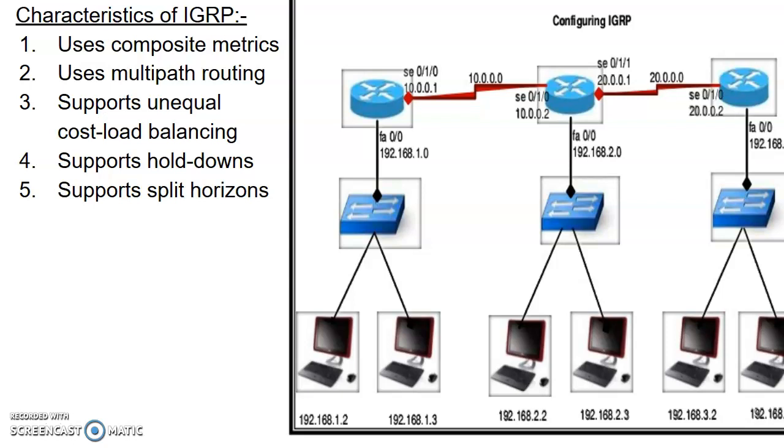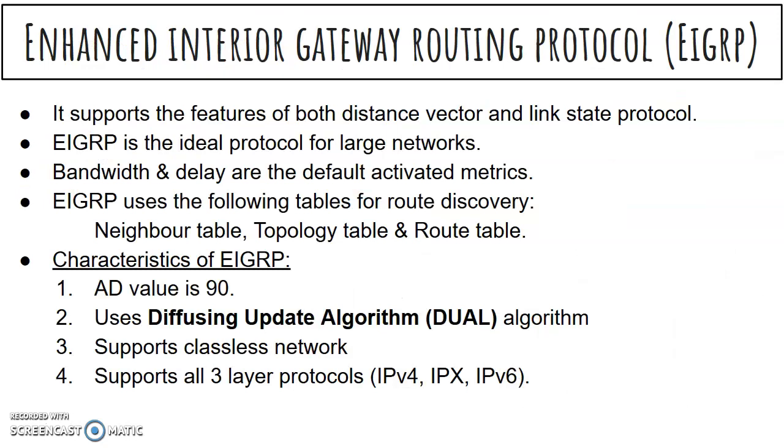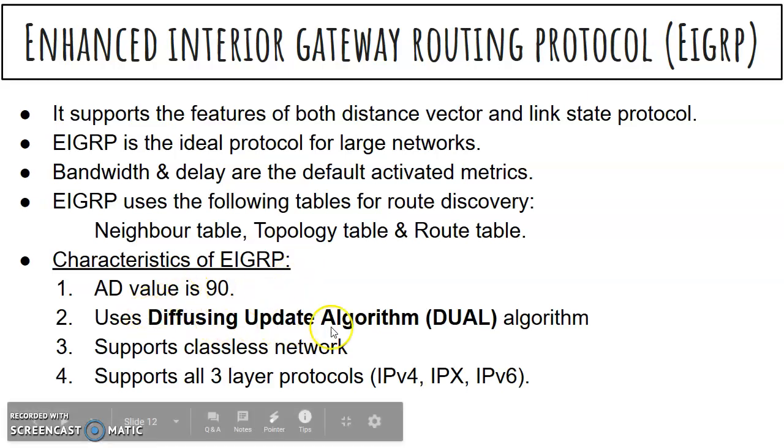So we'll move on. And then our first link state routing protocol is Enhanced Interior Gateway Routing Protocol, EIGRP. So this EIGRP is basically used by Cisco, and Cisco uses a different algorithm. It doesn't use Bellman-Ford or Dijkstra algorithm for calculating the path. It uses the diffusing update algorithm, which has been developed by people at Cisco.